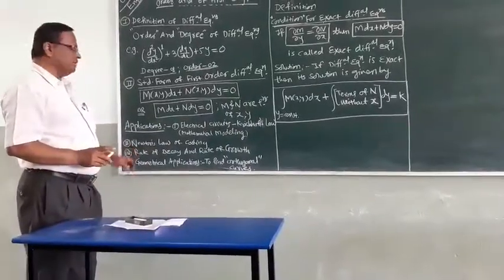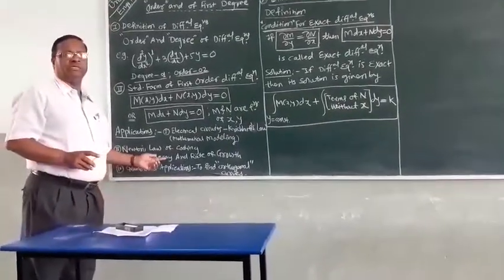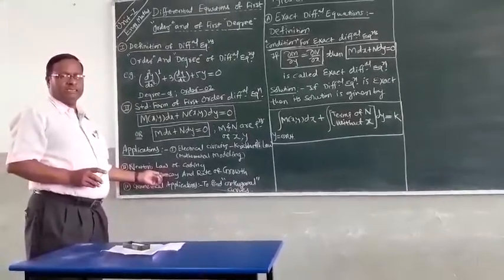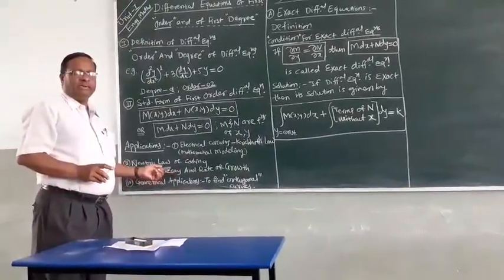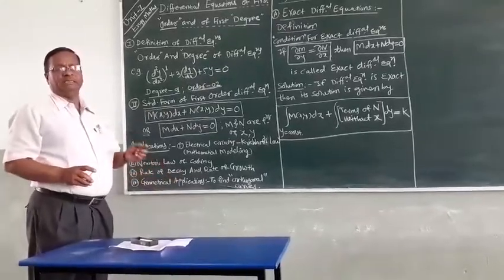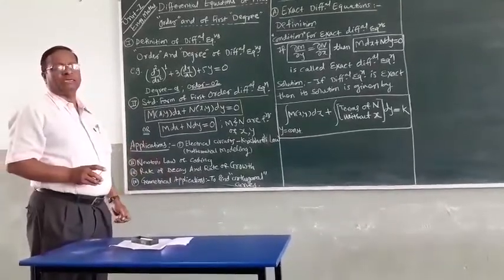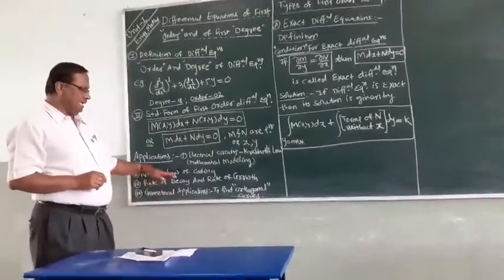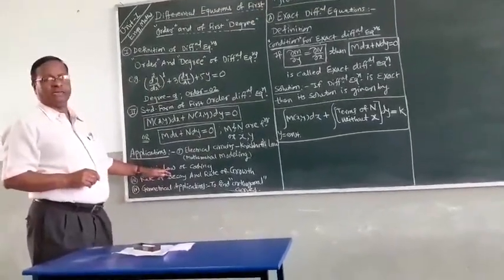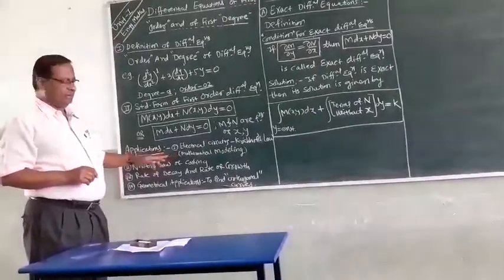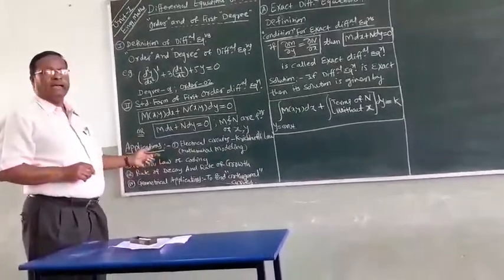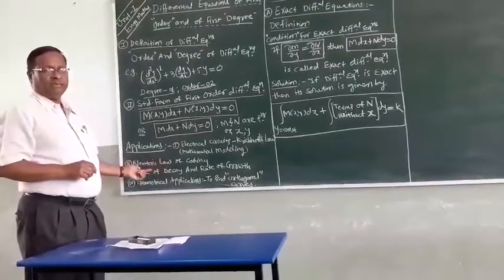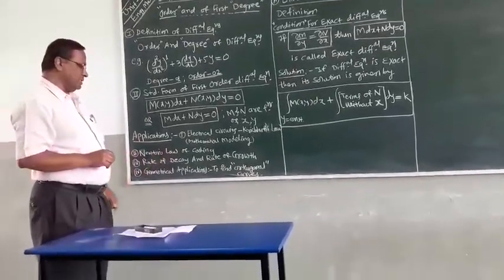The next application is Newton's law of cooling. This law states that the rate of decrease of temperature is directly proportional to the temperature difference. We can write that type of differential equation and use it as an application of first order differential equations.